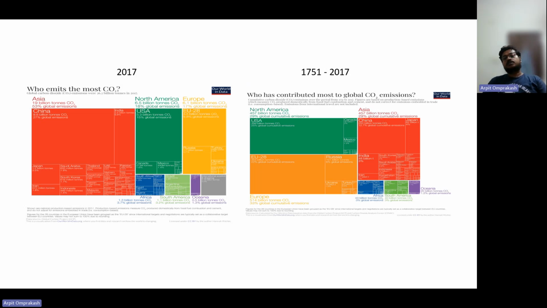So maybe they should be more pressed for retribution, correct? So whoever emits the most should have to remit most of the resources to go back, right? So there are two things. One is who emits the most carbon dioxide currently, and the second is who has contributed to it more significantly across a longer period of time.